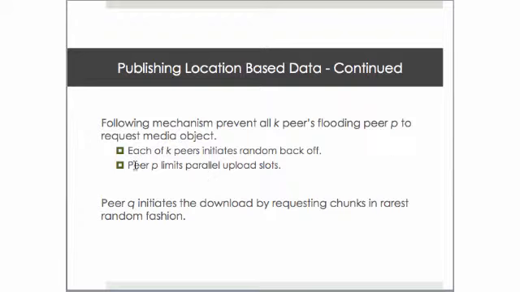The second way is that peer P limits its parallel upload slots. As soon as the upload slots are full, it does not accept any incoming requests. We should remember that peer Q initiates the download by requesting chunks in a rarest-random fashion. As with the working of BitTorrent, such algorithms ensure that replication is followed and we have a good download throughput.